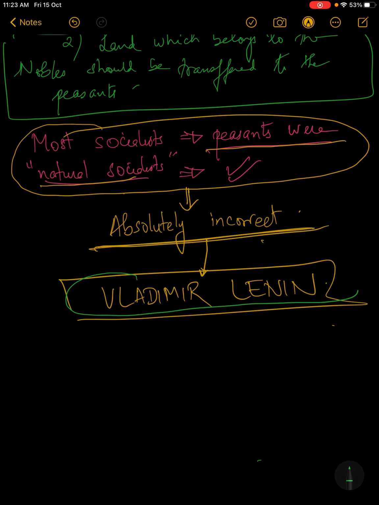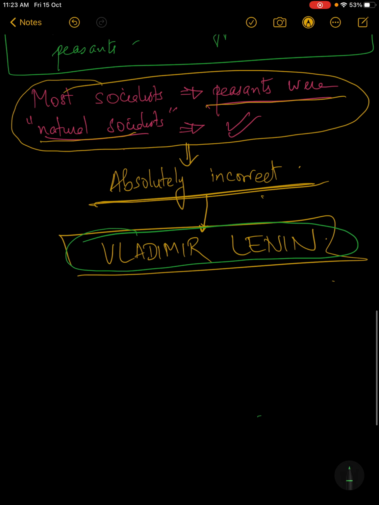As you will be seeing very shortly, he will be responsible for organizing, orchestrating, conducting and planning the entire revolution, along with his other friends, of course. But for right now, he came into the picture and said that peasants are not natural socialists.